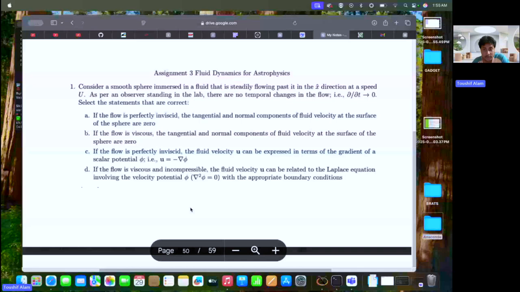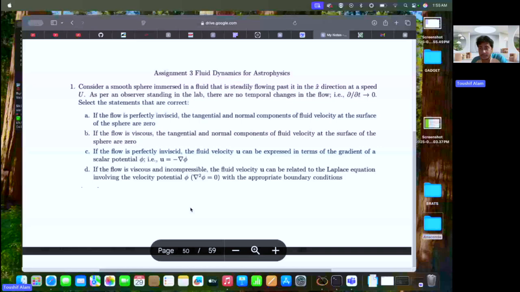The incompressibility condition is not relevant for this. Incompressible means just that del dot U will be zero, right? So you can relate it to the Laplace equation, which is valid. So options B and C are the right options.